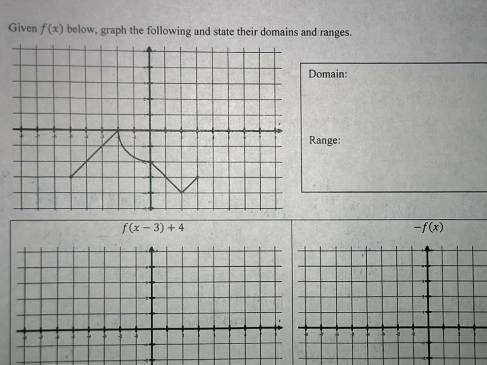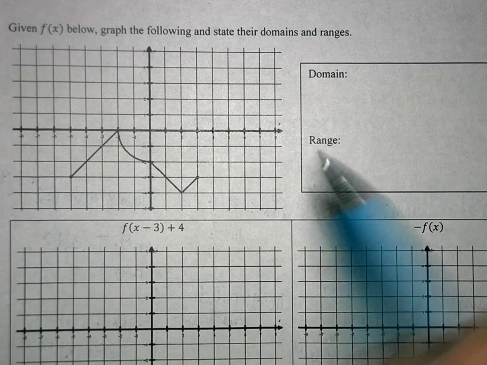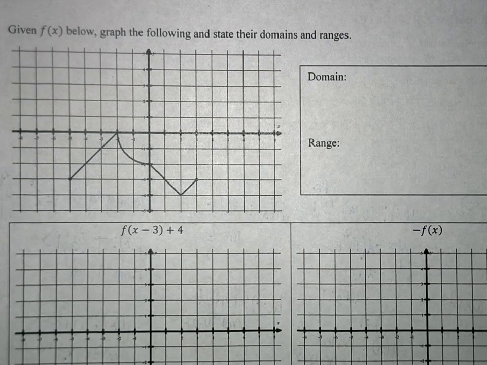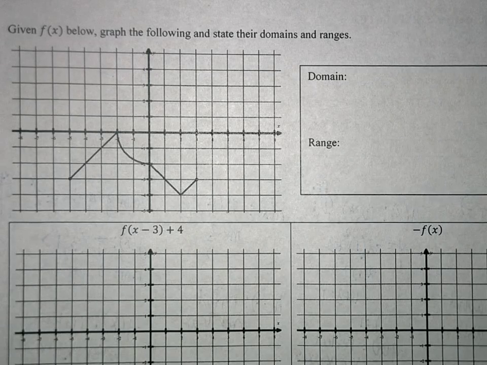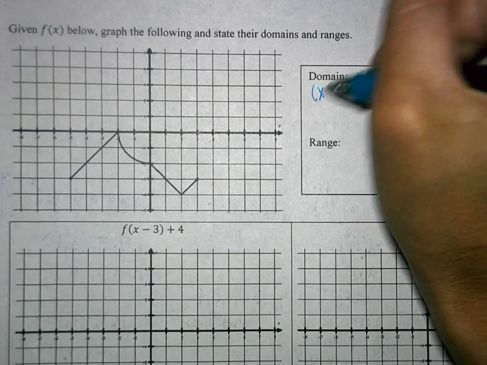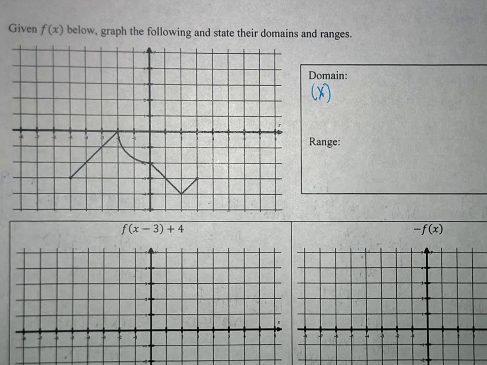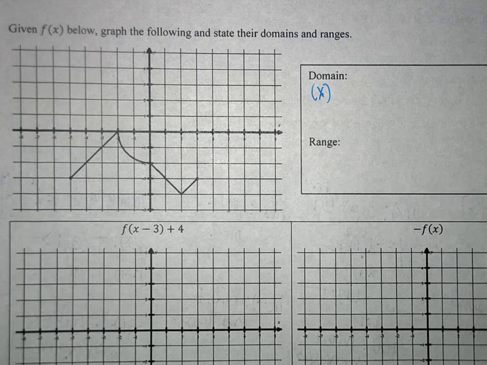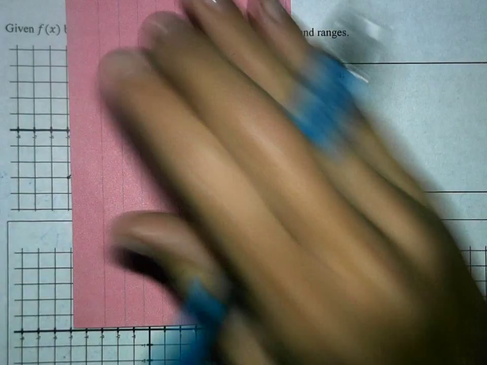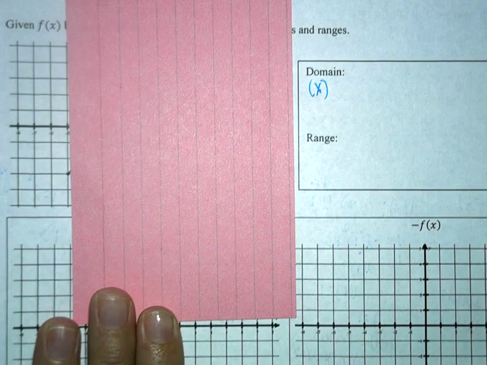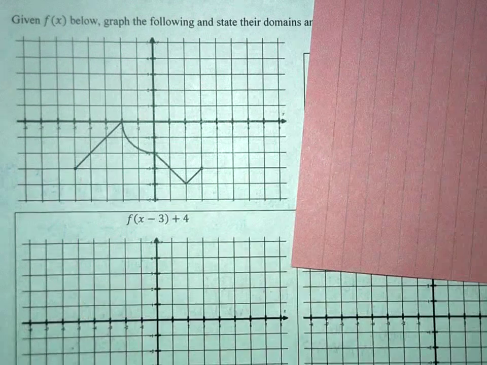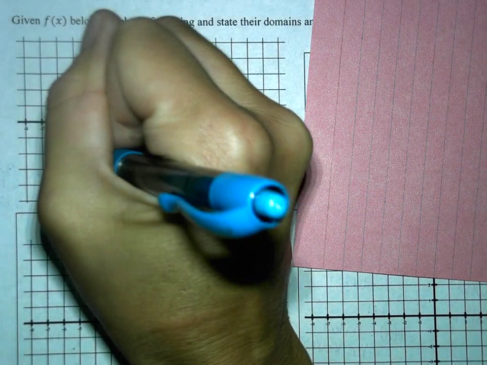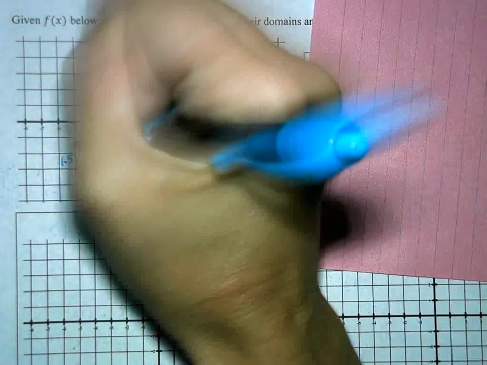Okay? So looking at this graph right here, finding the domain. Domain is our x values. Now, I'm going to show you something, and I don't know if this is going to make it better or worse, but if you are struggling with domain and range, I'm going to try to help you out here. So here, this point, what is that exact point? -5, -3.